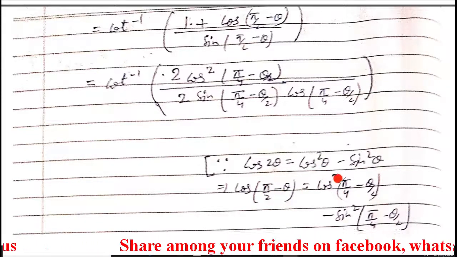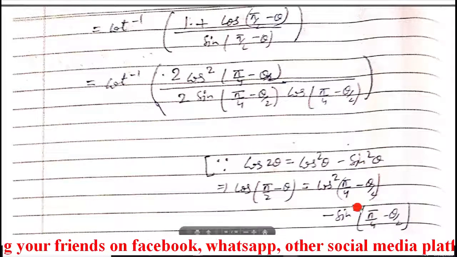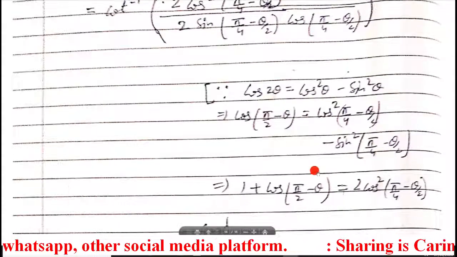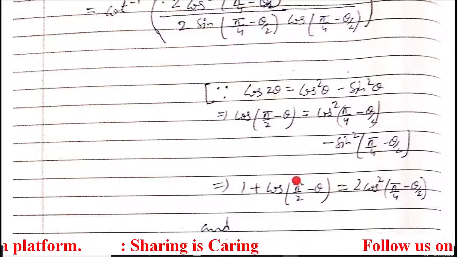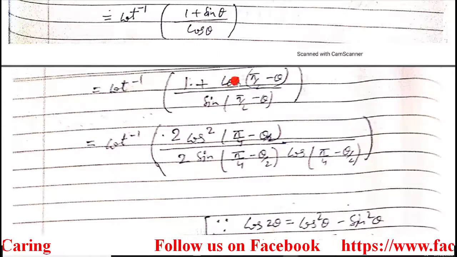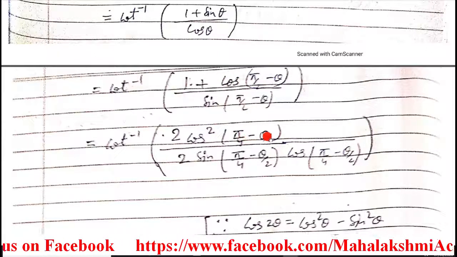So cos square of pi upon 4 minus theta by 2, and here sin square of pi upon 4 minus theta by 2. So from here, when you solve, you will get 2 cos square pi upon 4 minus theta by 2 is 1 plus cos pi upon 2 minus theta. That's why 1 plus cos pi upon 2 minus theta is 2 cos square pi upon 4 minus theta by 2.